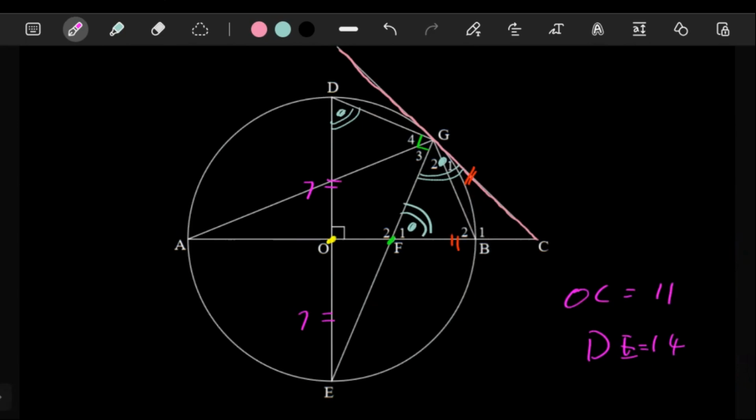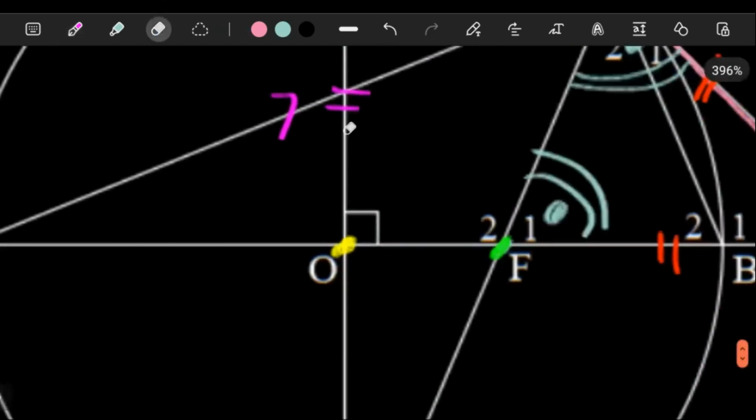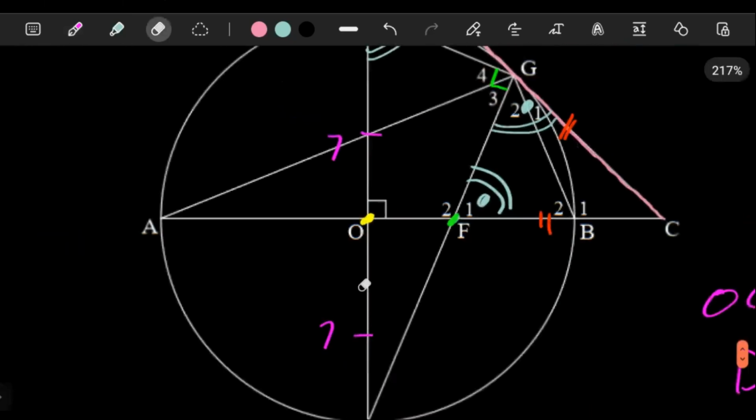The one thing you may be asking yourself is why did they give us the DE? So if this is 7 and this is 7, this is the radius, right? Remember, OB is also going to be equal to 7 because it is also the radius of the circle.